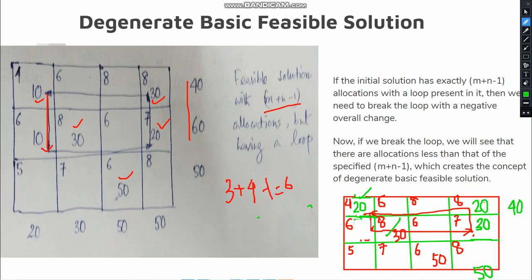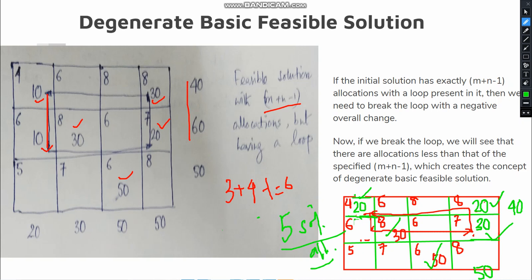1 2 3 4 5, you have achieved 5 allocations, but you have broken the loop. So that's one thing you have achieved. And another thing is that you have reduced the transportation cost.